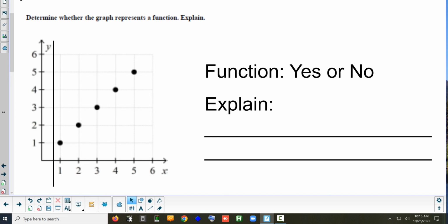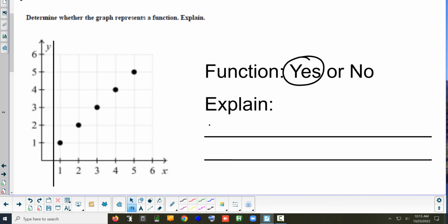Alyssa, what do you think? It is a function. So yes, it's a function. And can you tell me why? Right, it doesn't hit more than once on the vertical line. We would say that it passes the vertical line test. So that's what you could say.